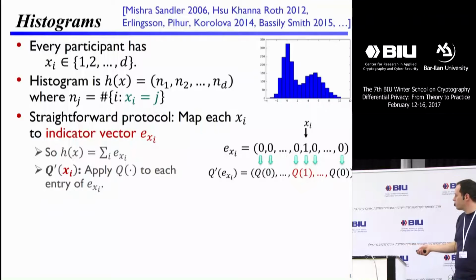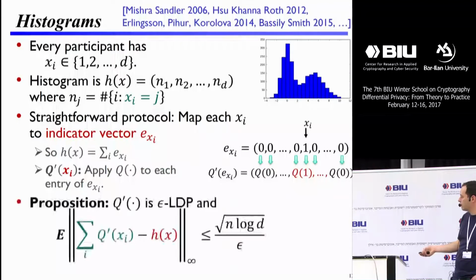Now, the reason this is a useful way to think about it is that the histogram I ultimately care about is just the sum of these indicator vectors, right? And so I've randomized things in a way that preserves expectations, and so a natural way to aggregate these vectors is simply to add them up. Okay?